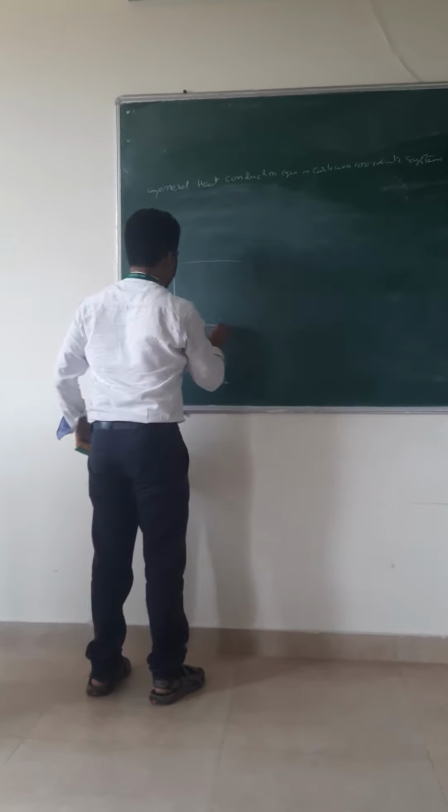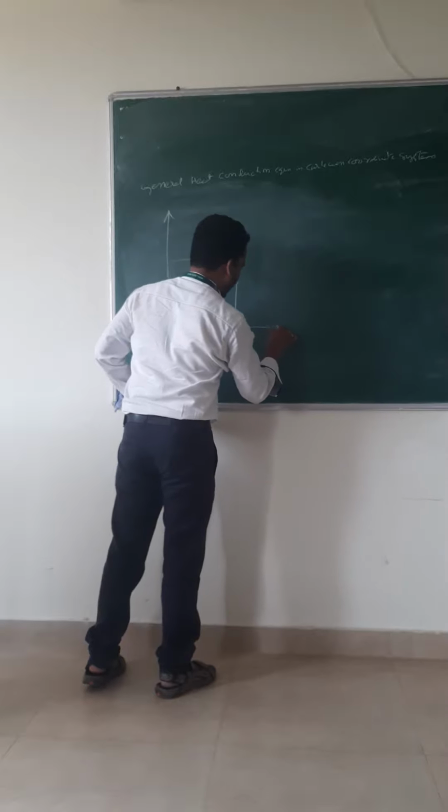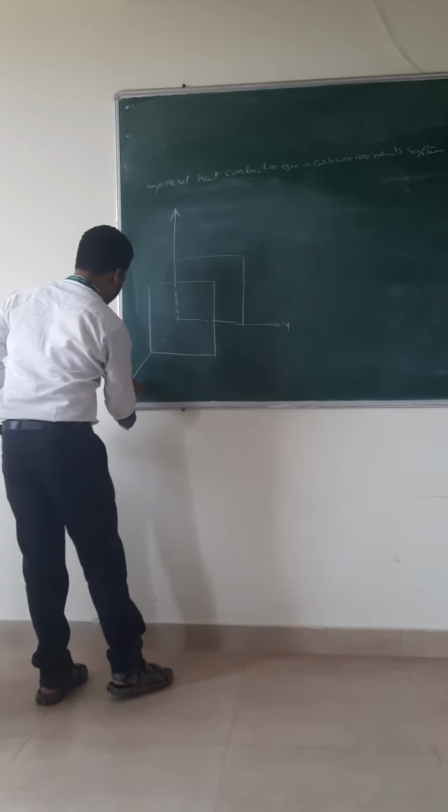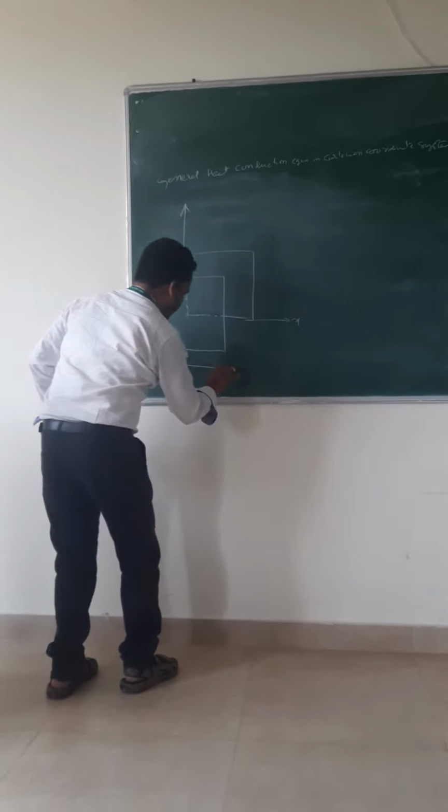This is the y axis, this is the x axis, and this is the z axis. The elemental distances are dx, dy, and dz.